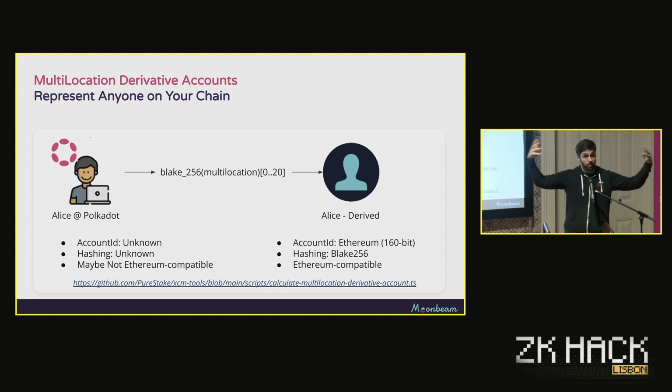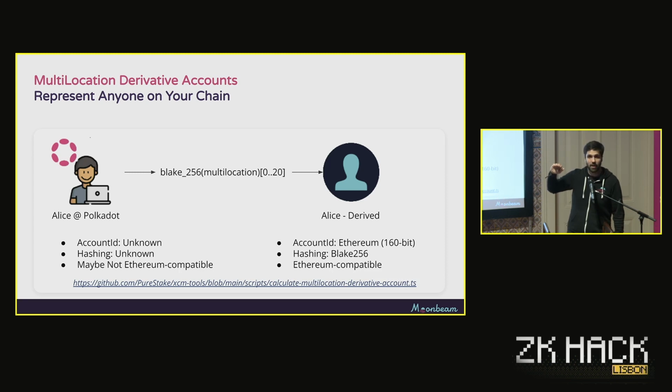You have an ecosystem of blockchains, users, and tokens, and multi-locations let you represent anything you can think of inside this huge ecosystem. In this case, there is a multi-location specific to Alice on Polkadot. You don't really care what account ID Alice has, what hashing they use, or what cryptography they use on Polkadot.